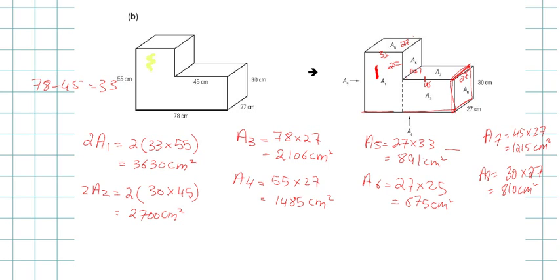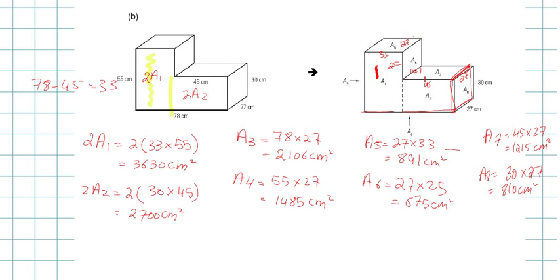So I have two of the A1. Correct? Do you agree with me on that? Okay, so I have the front and the back. For A2, which is this one, I also have two of them, right? The front and the back.